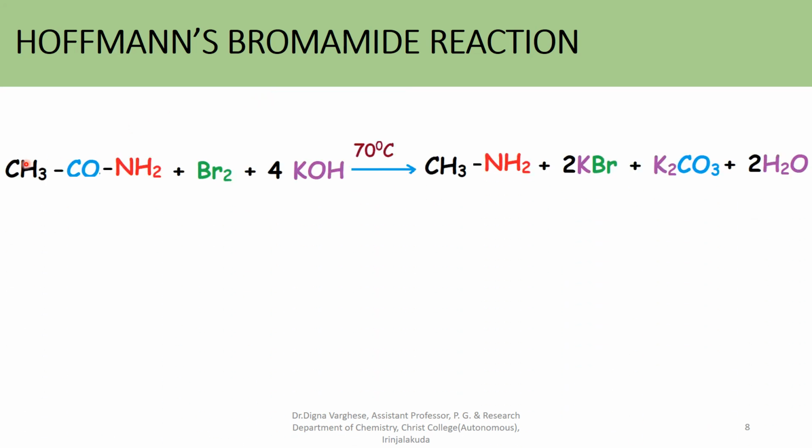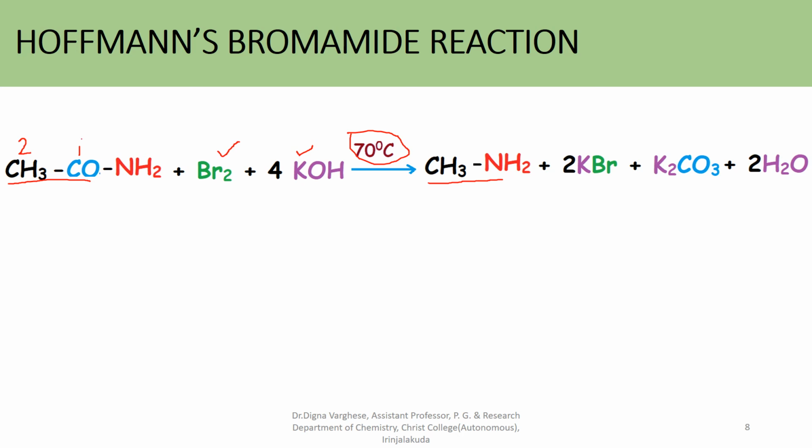Here you can see an acetamide. Acetamide contains one CO group and a methyl group. So here is a 2 carbon containing amide which reacts with bromine in alkali. We can use either potassium hydroxide or sodium hydroxide. At 70 degrees Celsius, we will get CH3NH2, methanamine, from acetamide.